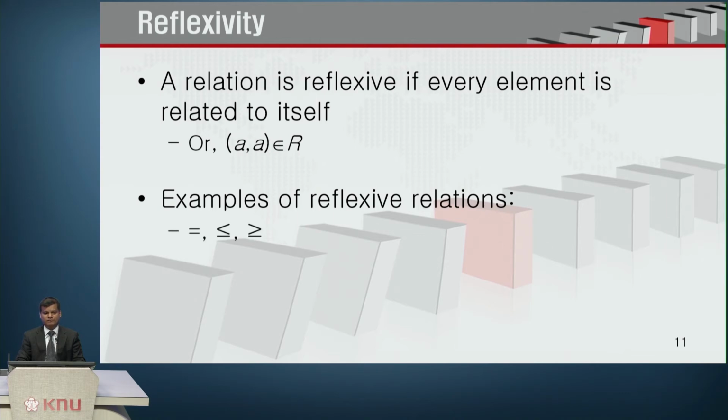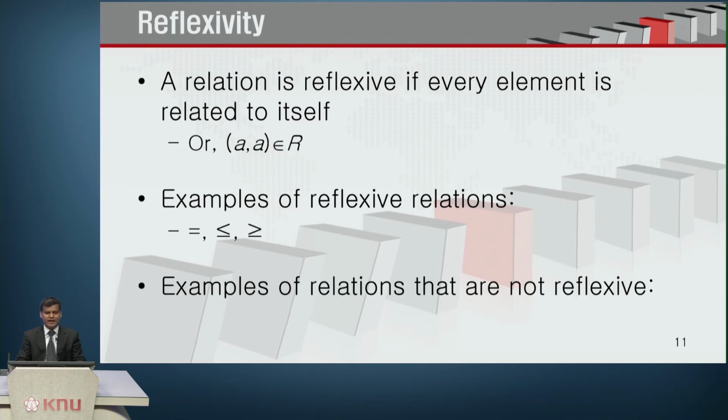For example, the equal to sign, less than or equal to, and greater than or equal to are the signs that imply this reflexive relation. Examples of relations that are not reflexive are greater than and less than. So this is the basic form of a reflexive relation.